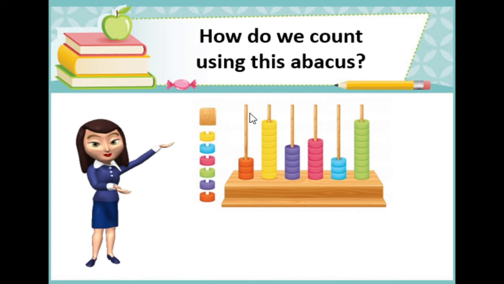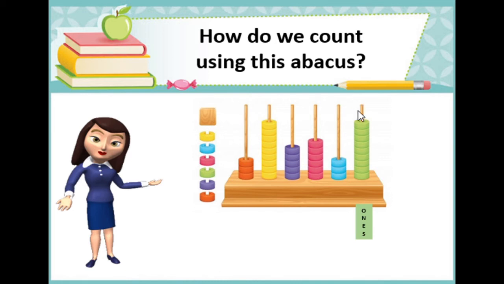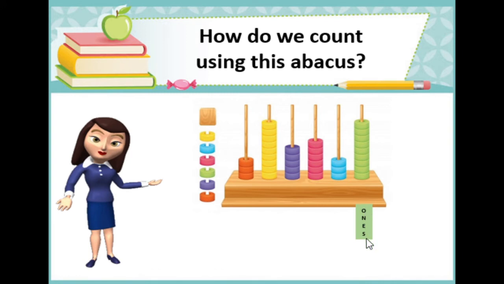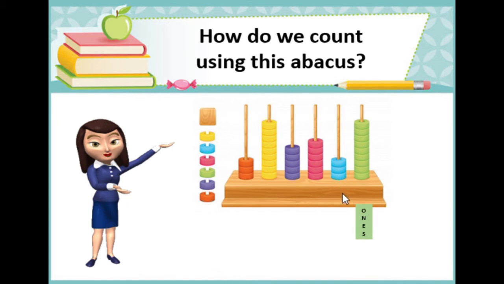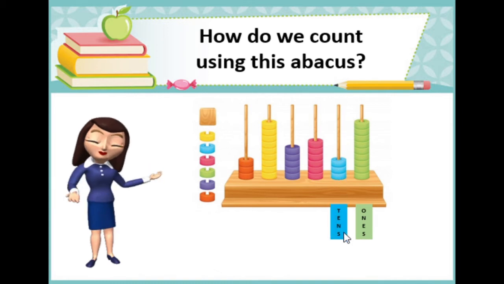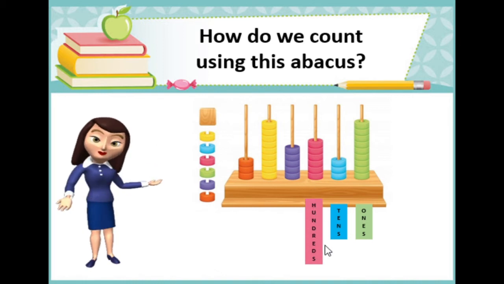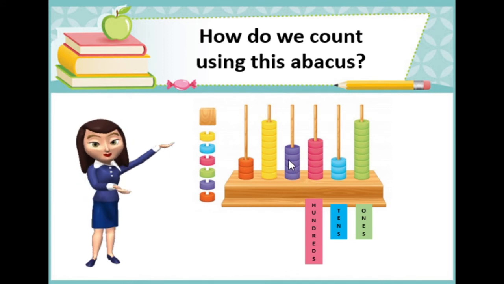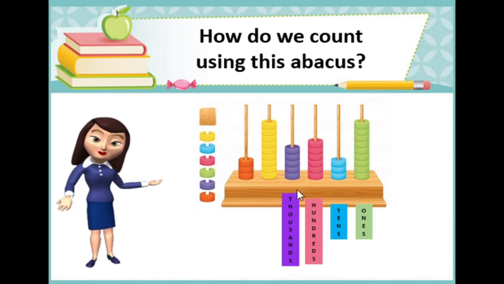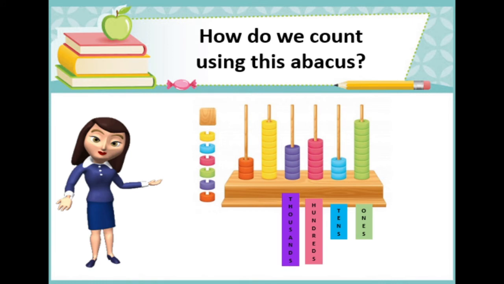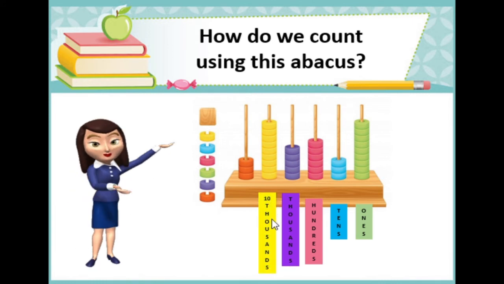So beginning with this one, this green colored beads represents the ones place, followed by tens place, and then hundreds, thousands, and then 10,000s.